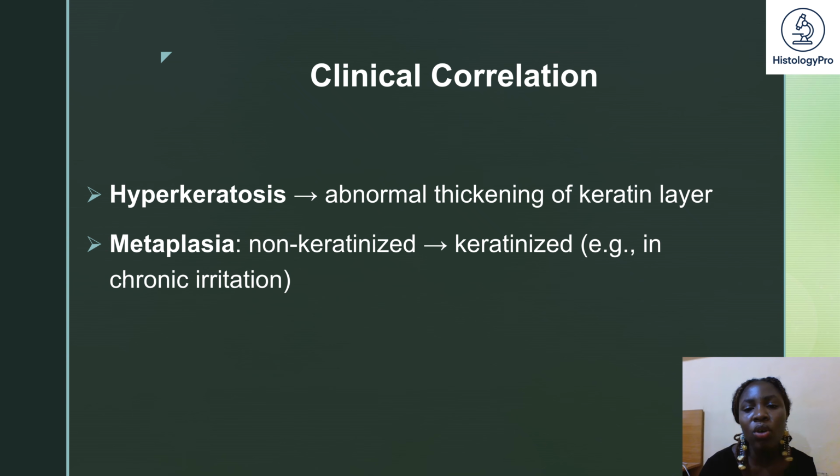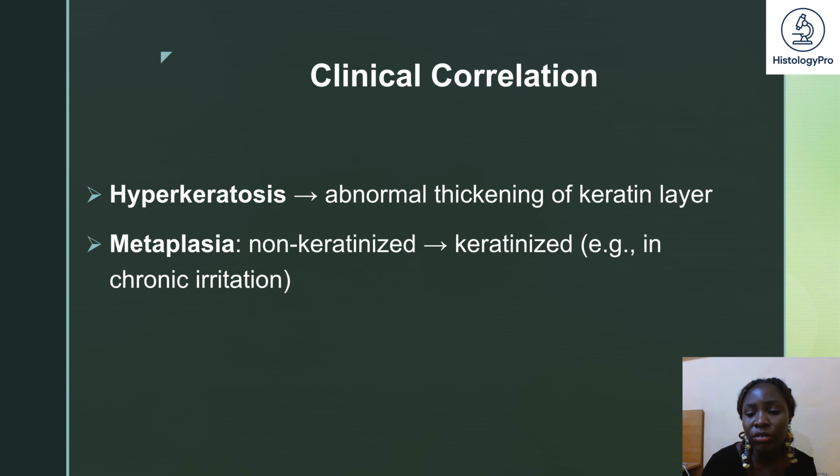This condition occurs when there is excessive production and accumulation of keratin, usually as a protective response to chronic friction, inflammation, or irritation. As a result, the epithelial surface becomes thicker and more resistant to mechanical stress.